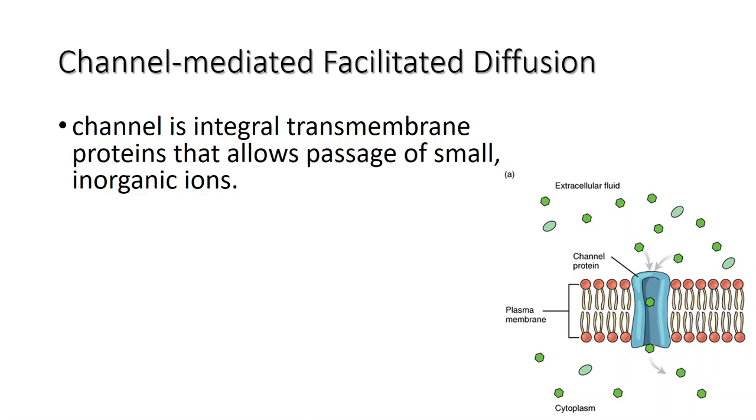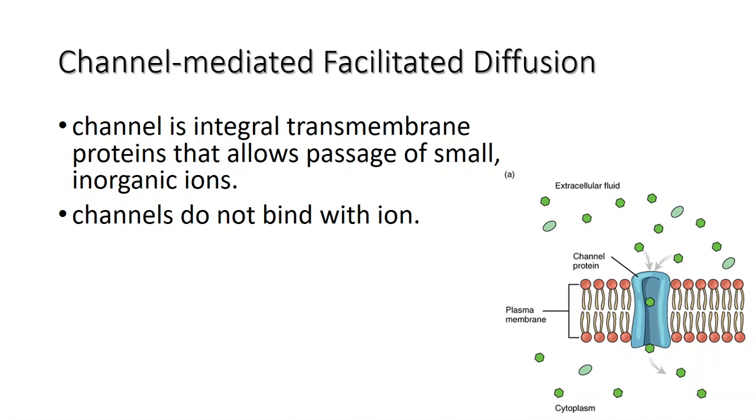Channel proteins do not bind with the ion which is being transported. Each ion can diffuse across the membrane only at certain sites. In typical plasma membranes, the most numerous ion channels are selective for potassium ions or chloride ions.